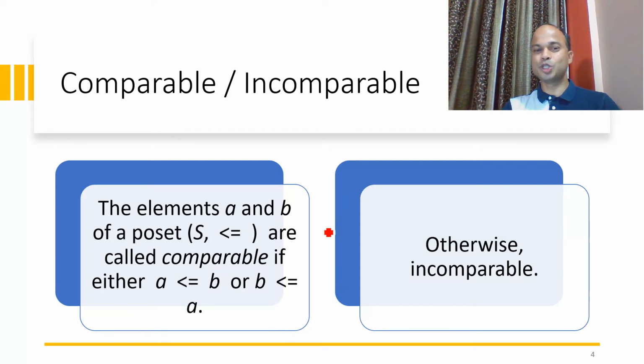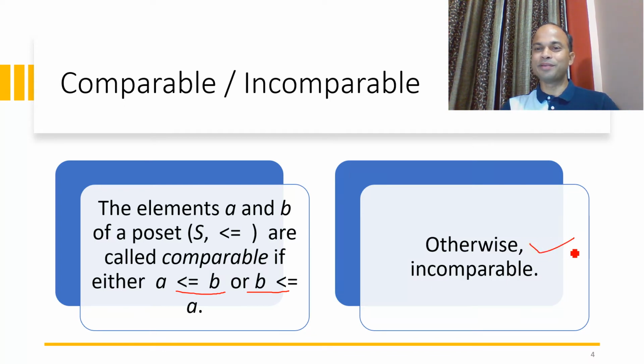If we have two elements of partial order set and partial order set is here S with less than equals to, then these elements are comparable if we can compare A and B. I mean, if we can write A and B in this form, A less than equals to B or B less than equals to A, whatever is the relation, if we are able to write elements in that relation, then such two elements are comparable. Otherwise, elements will be incomparable.